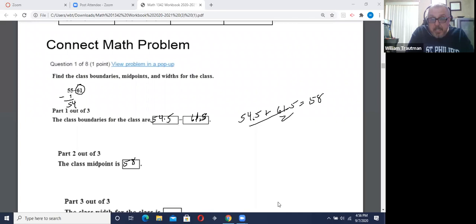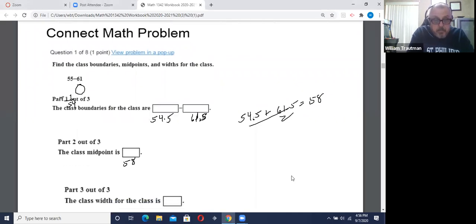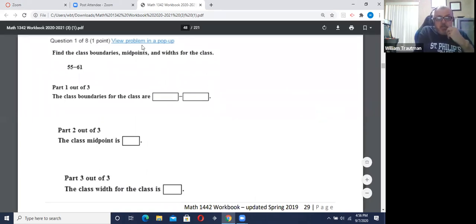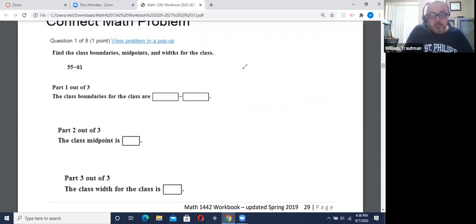And our class width, I'm going to give you a second to try to do it. Let's see if you can get it. So there were a couple of ways of doing it. Remember, you can do successive class boundaries.